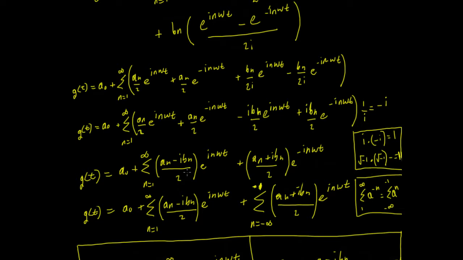Now this is still a summation from n equals 1 to infinity, but the next thing we note is that if you have e to the minus i n omega t, we can change this to a plus i n omega t, and then change the summation from 1 to infinity to minus infinity to minus 1.